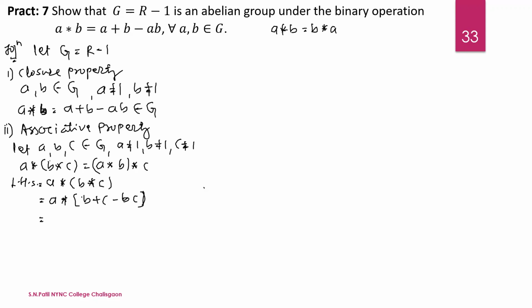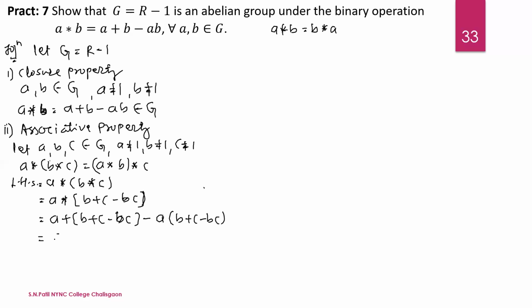Applying the definition again, a star (b plus c minus bc) means a plus this addition, minus a into (b plus c minus bc).